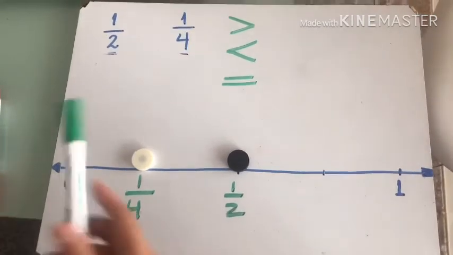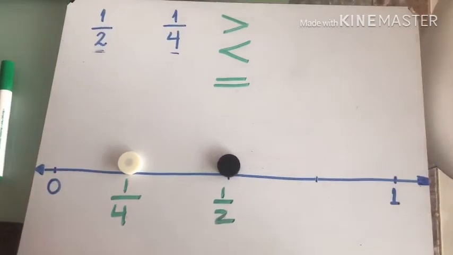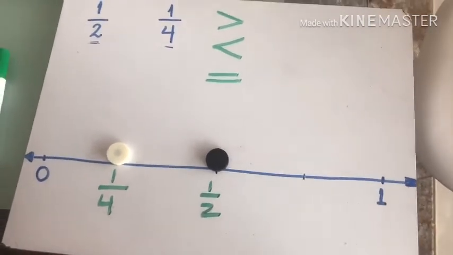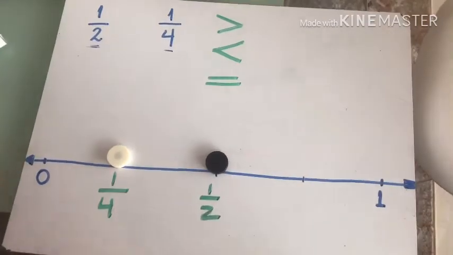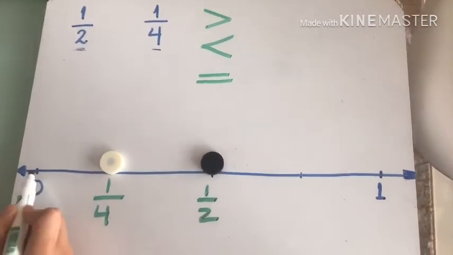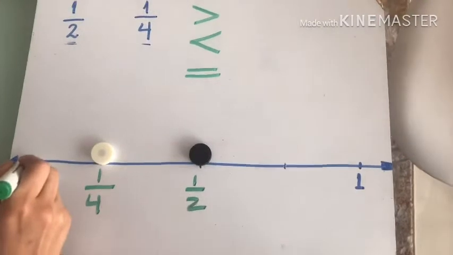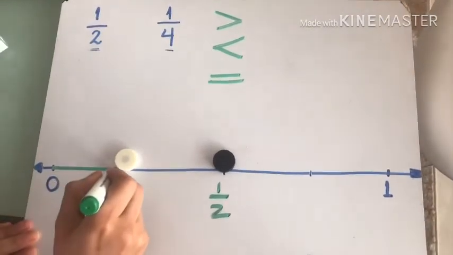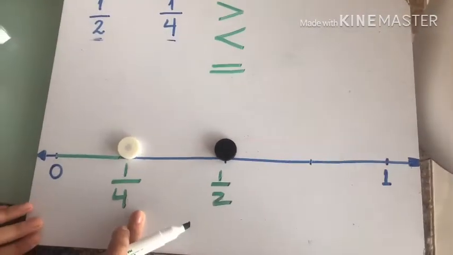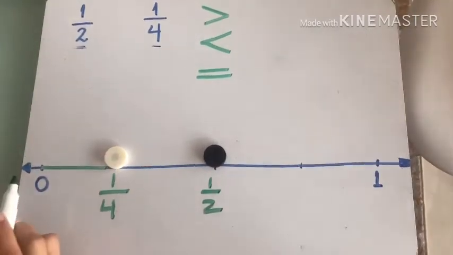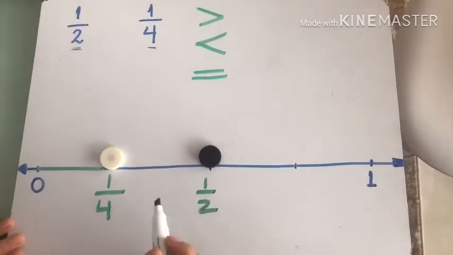So which one is bigger? Which one is greater than the other one? So if we just take from my 0 and I trace a line on top of the line that I have, I see that 1/4 goes right up to my first point, right?